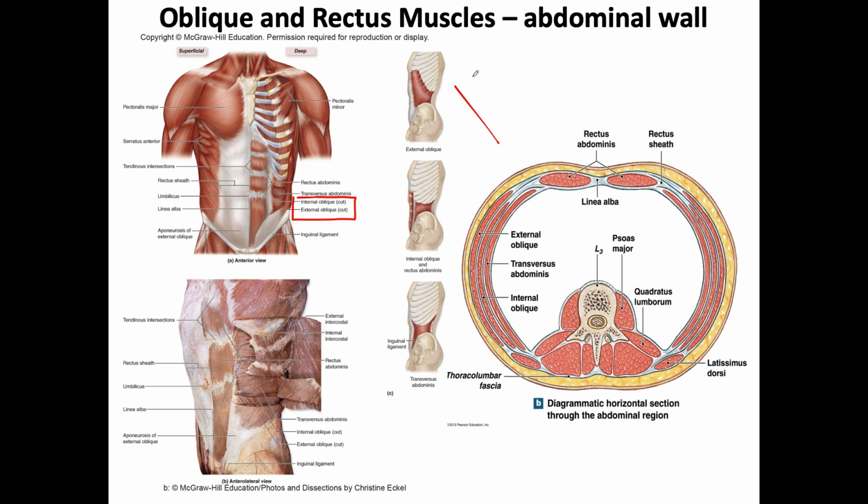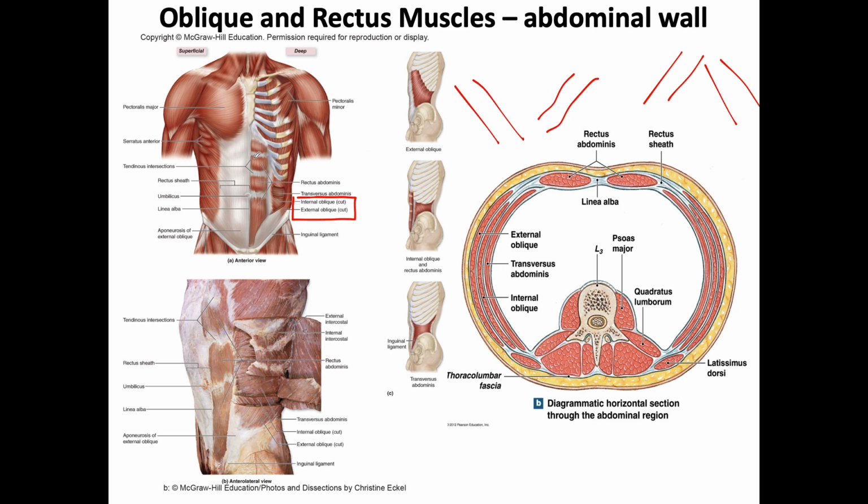So they give us this deep V here. Okay. And then deep to those, we have our internal obliques, and they orient in the other direction. Okay, so it's the same as our external and internal intercostals there.